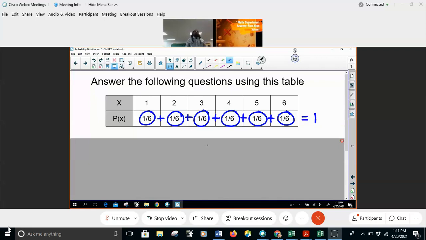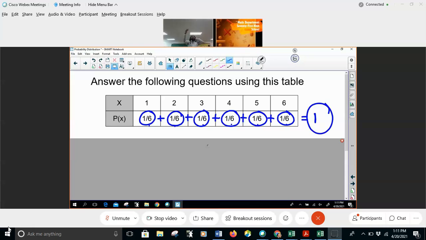If it does not equal 1, it is not a discrete probability distribution. So if each individual one is between 0 and 1, and when you add them all up it equals 1, you have a discrete probability distribution. Woo! Yes, sir. Yes, ma'am.